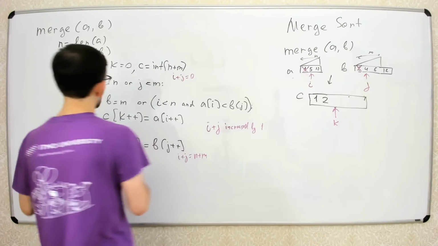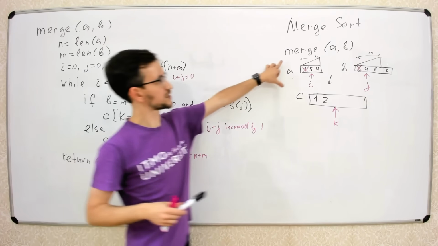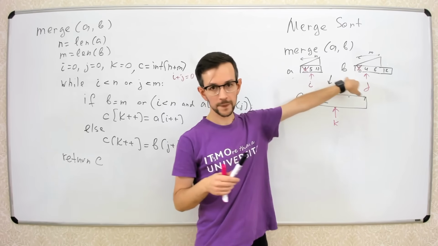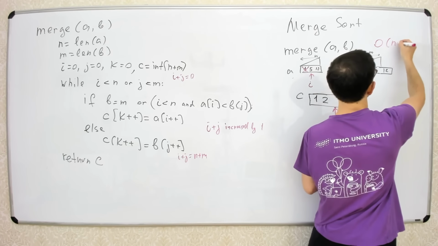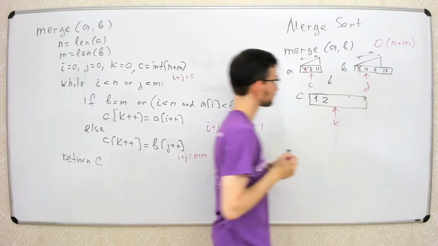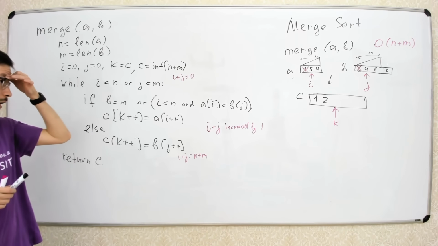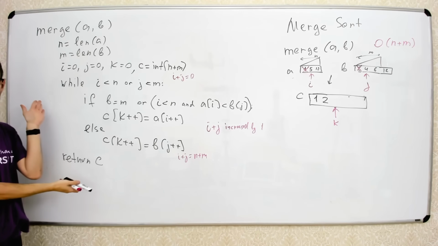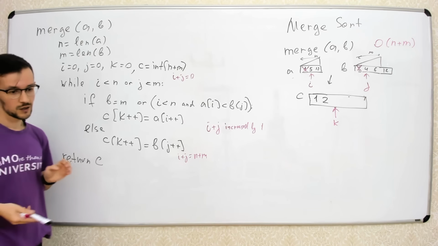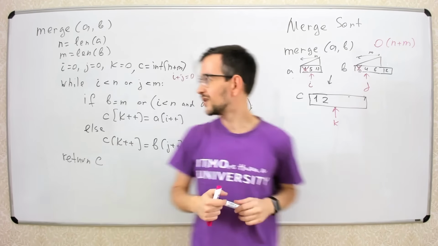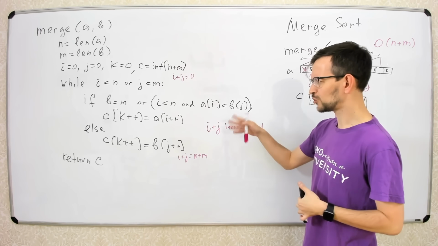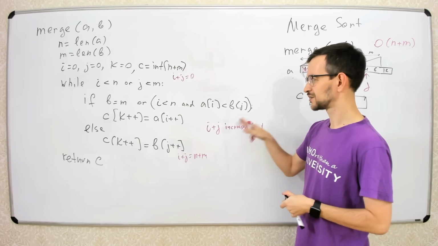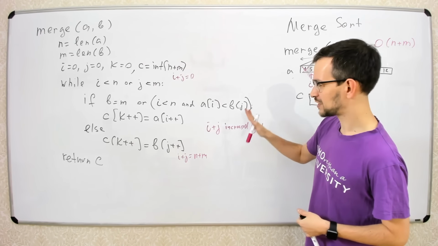Okay, so we can merge two arrays A and B of size n and m in total time n plus m. That's pretty good code actually. You can program it like this. It's actually pretty efficient.